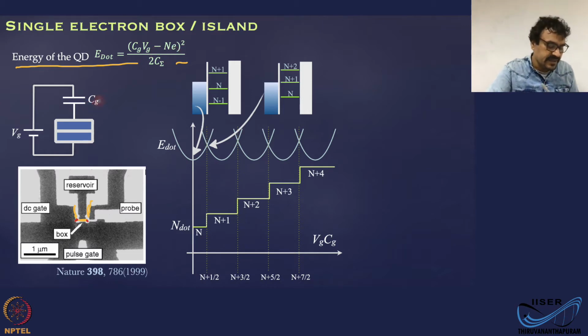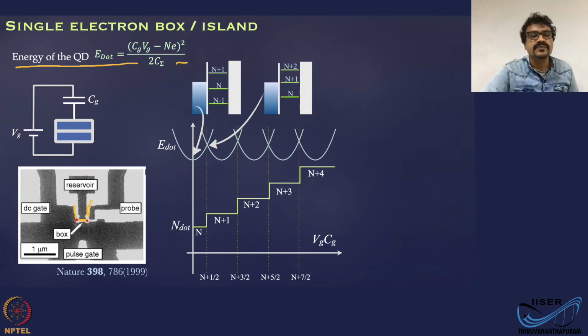Cg is the capacitance of the gate and Vg is the voltage. Now, this is an equation for a parabola, which is as represented here. And this parabola is centered at Ne.